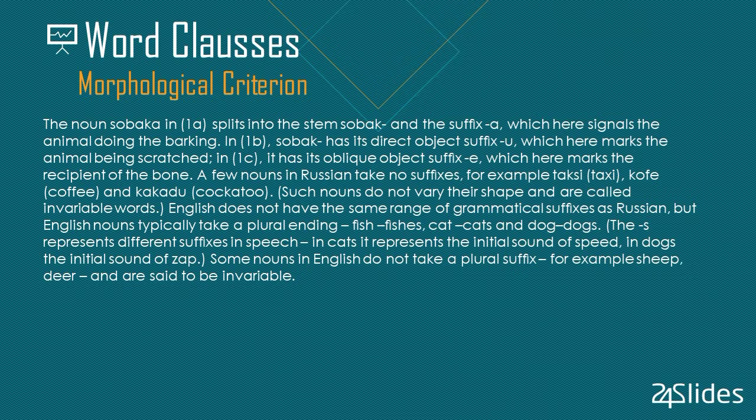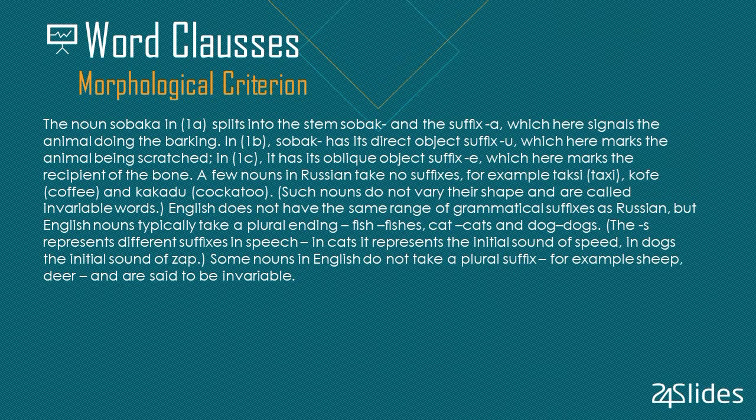A few nouns in Russian take no suffixes, for example taxi, cafe, and kakadu. Such nouns do not vary their shape and are called invariable words. English does not have the same range of grammatical suffixes as Russian, but English nouns typically take a plural ending: fish, fishes, cat, cats, and dog, dogs.